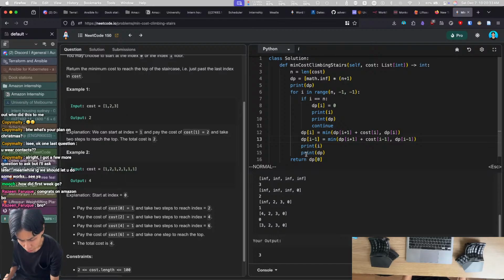And so when you get to 1, all the same position. You're going to have 3. You're going to have 3. And then 0.